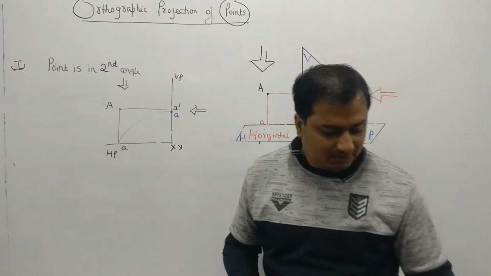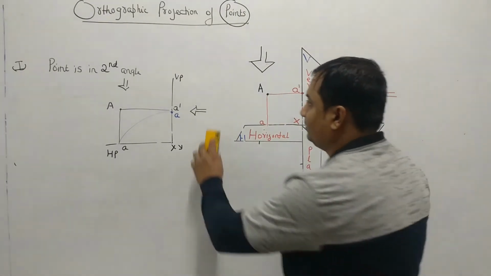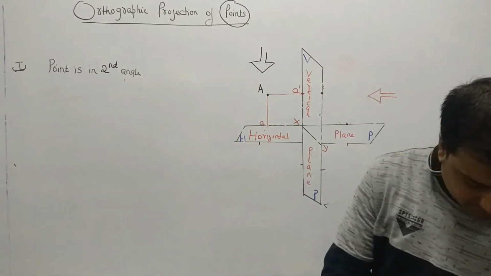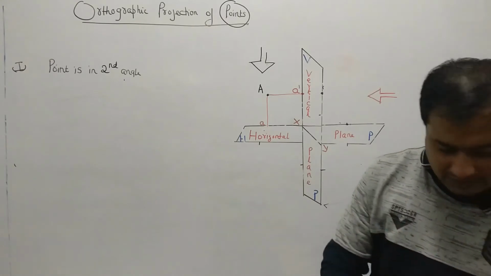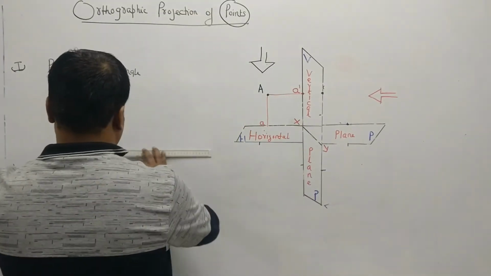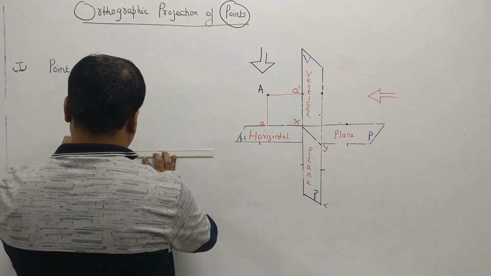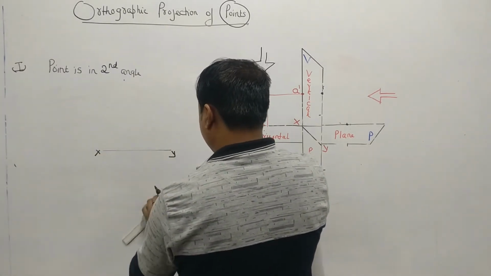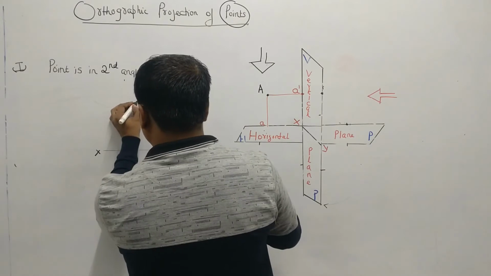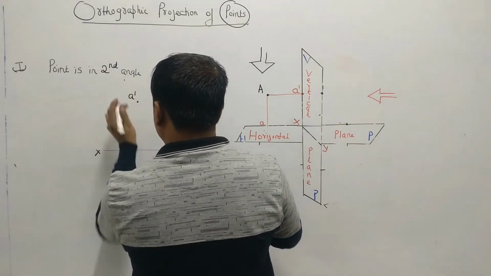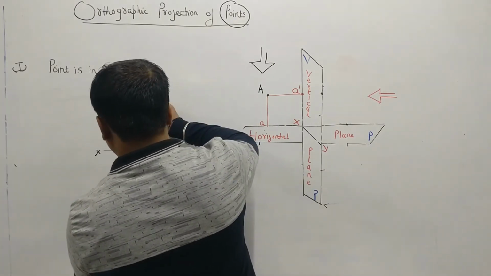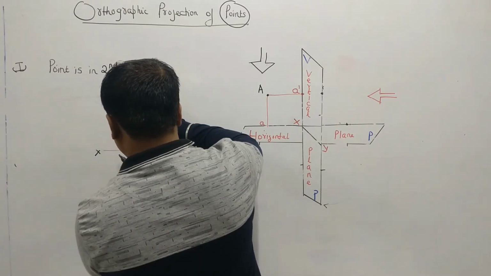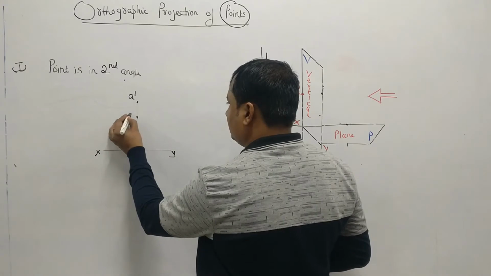So what will be the final projections? The final projections which we will obtain for the second angle will be like this: this is X, this is Y, A dash will be above, and A will also be above.